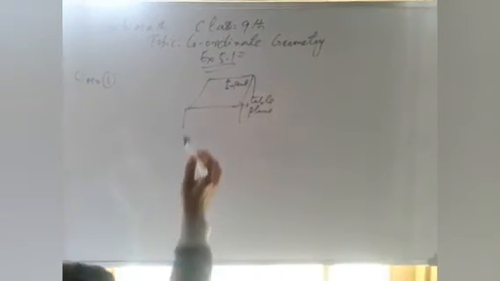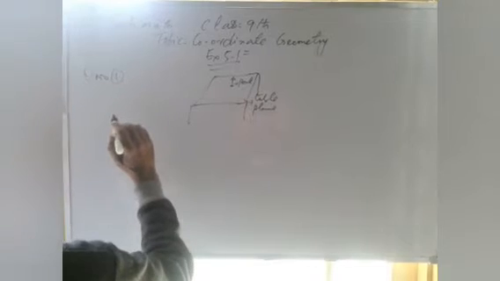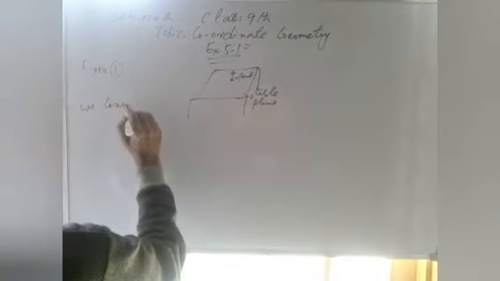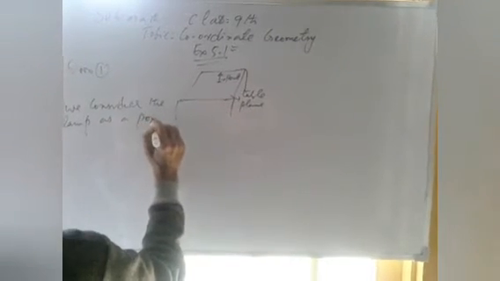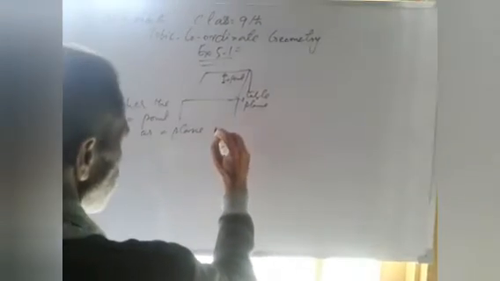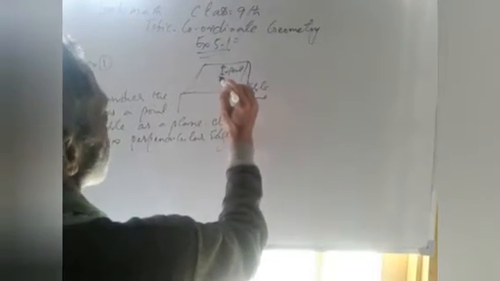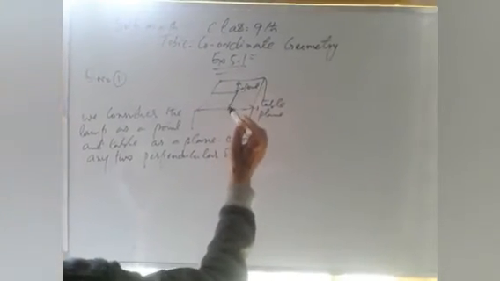We choose any two perpendicular edges of the table, for example the longer edge and the shorter edge.